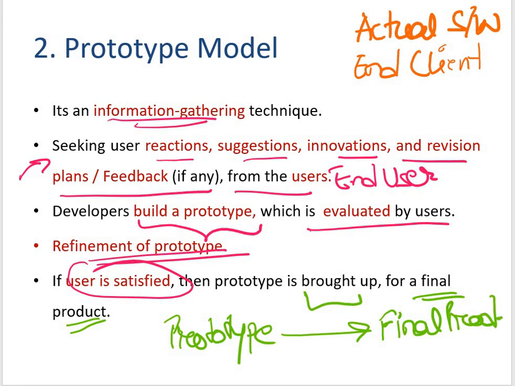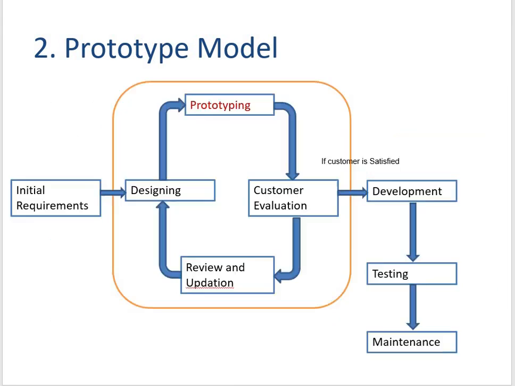So let's quickly see what the basic purpose is and how it looks. In this particular model, what we are trying to do is feed this initial set of requirements. Once we get this initial set of requirements, we do the initial level of designing.